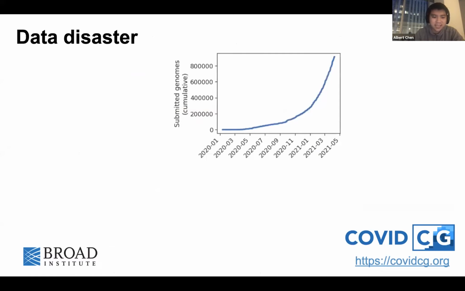I just want to quickly talk about this data disaster. About a month and a half ago, I was notified that our app had stopped loading, which was a big nightmare. So I jumped on and tried to see what was happening. Just for context, when we started the app, there were only 50,000 coronavirus genomes publicly released. This is about 30 megabytes the way we package the data.